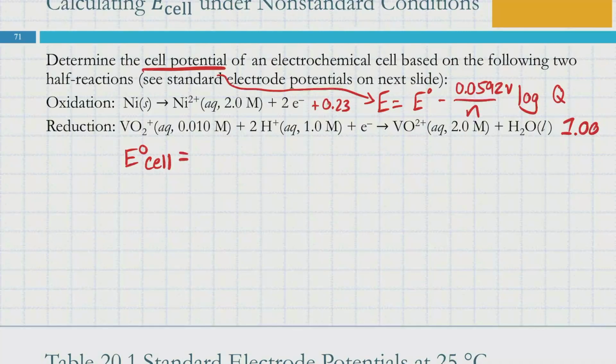Is it 0.77? It's not 0.77. What's another way we could combine those numbers? Add them together. It's 1.23.